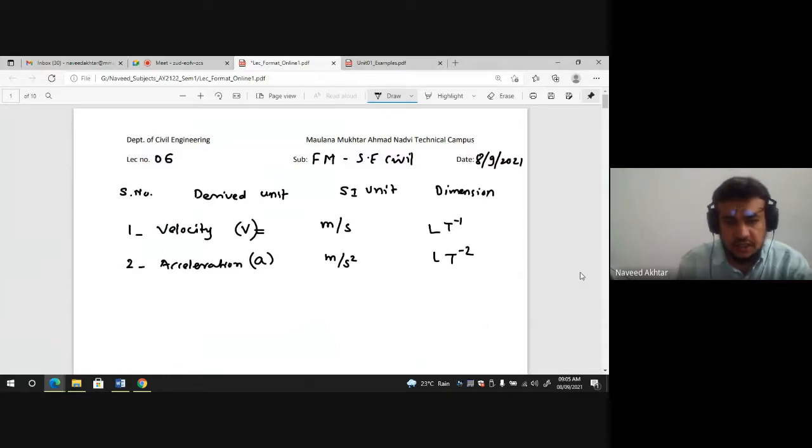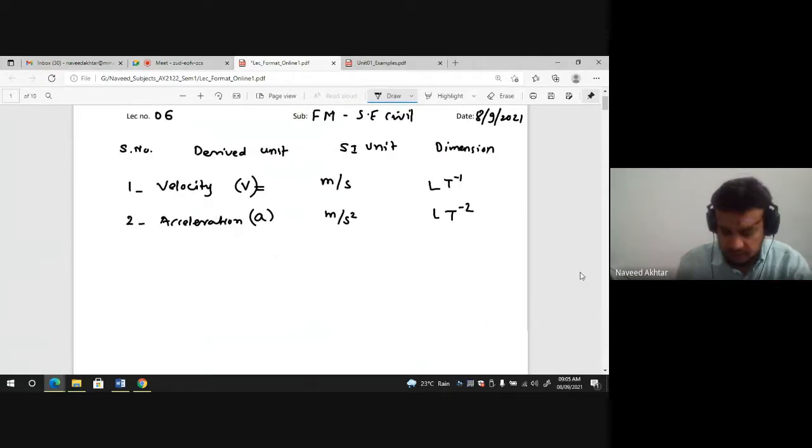So we are writing the derived units from the basic units, and these are very important to remember. Like pressure: generally it is measured in Newton per meter square.